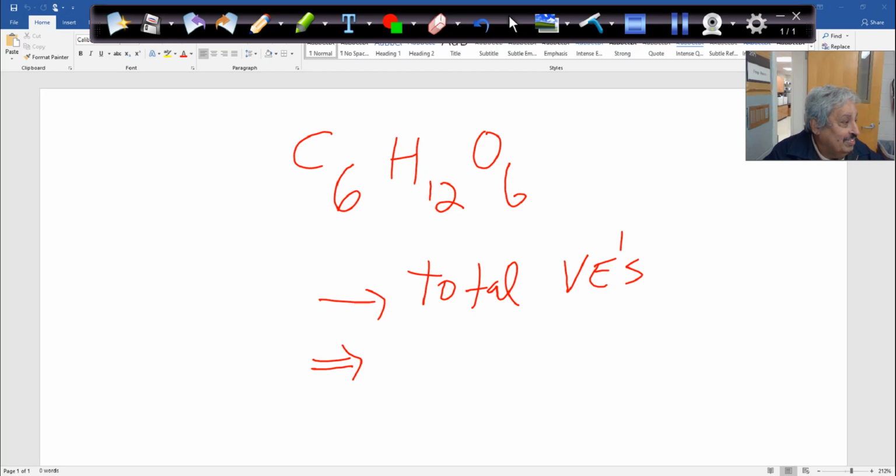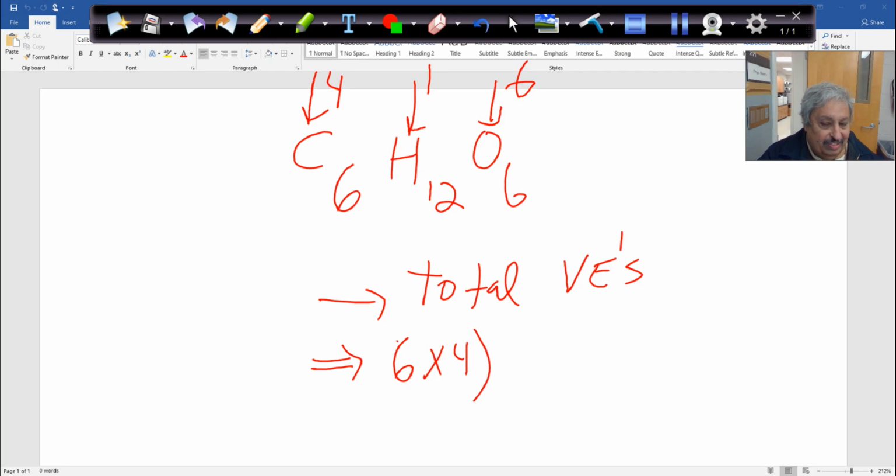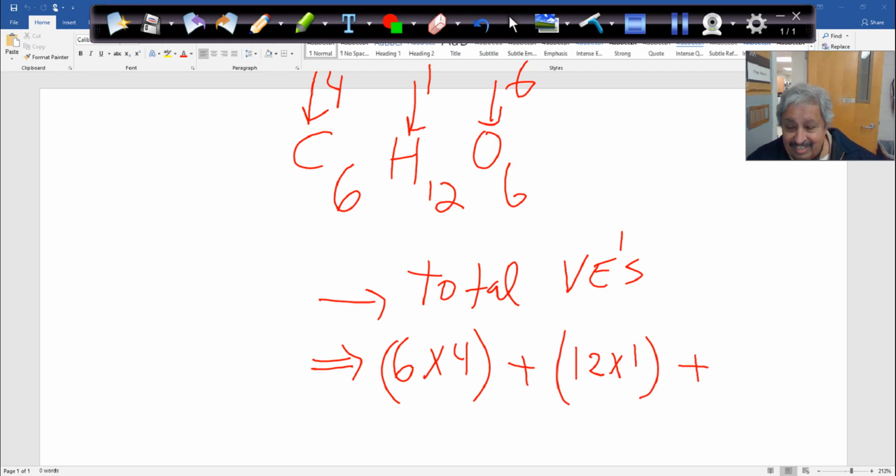So how can I approach this? I have to look at each element, where is the group of this element. Carbon is group number 4, so the valence electron of carbon is 4. Hydrogen is group number 1, so 1. Oxygen, group number 6, valence electron 6. So I have 6 carbons multiplied by 4, plus 12 multiplied by 1, plus 6 multiplied by 6.